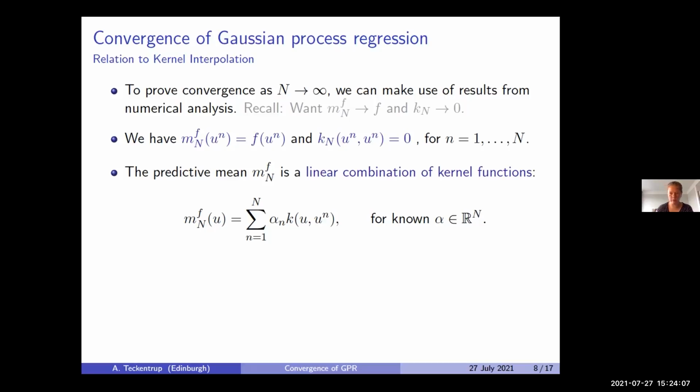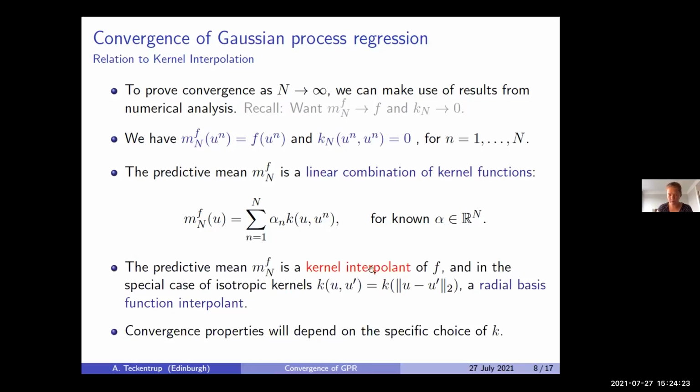When you're looking at interpolation, you can use very many different types of basis functions. You could do polynomial interpolation, for example, but what you end up doing here is an interpolation of the function f in basis functions which are given by the prior covariance kernel. That's what is written here: the mean of the posterior is what is called a kernel interpolant of f.